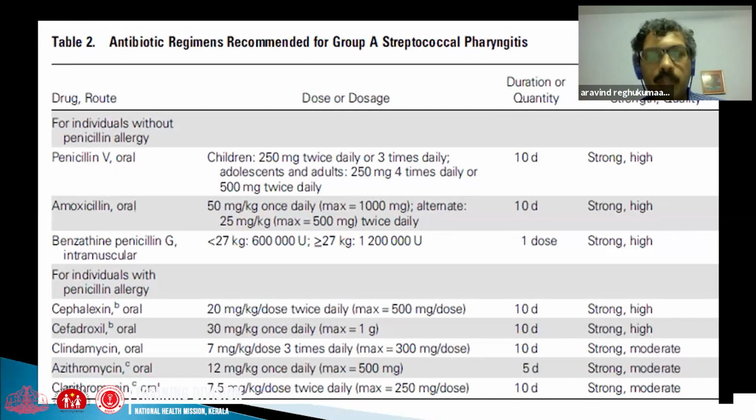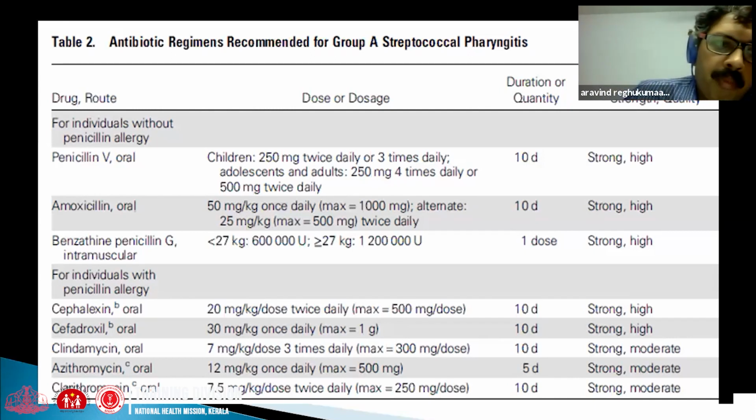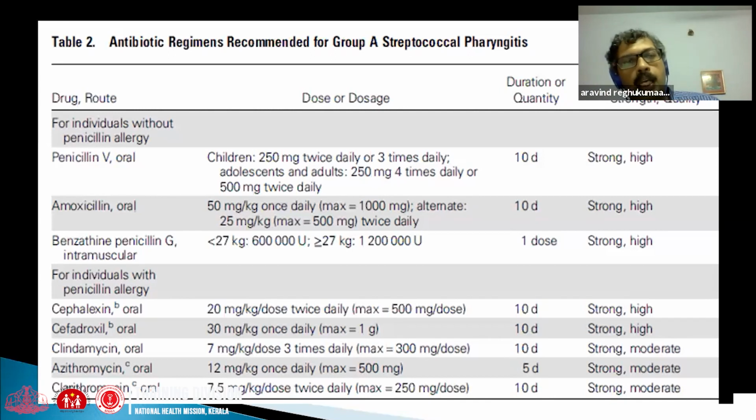These are drugs from the Access category, compared to options like azithromycin and clarithromycin from the Watch category of antibiotics. So basically, any patient coming to you with acute pharyngitis syndrome, apply the modified Centor score, look for features which will help you identify a viral pharyngitis, and if you feel that it is a streptococcal pharyngitis, treat with penicillin V.